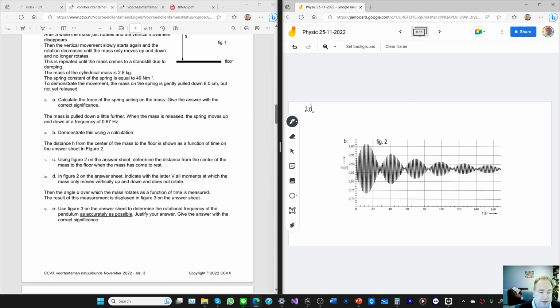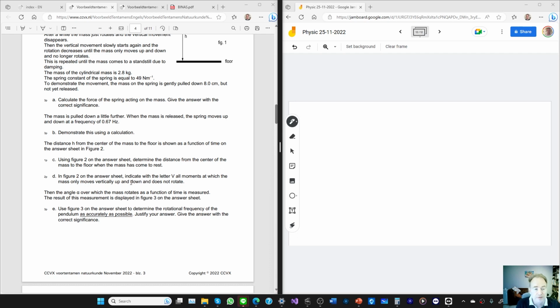That means all the energy is in the vertical movement, and that means the points where the deviation from the equilibrium position is the largest. So that is happening here, here, here, here, here, here.